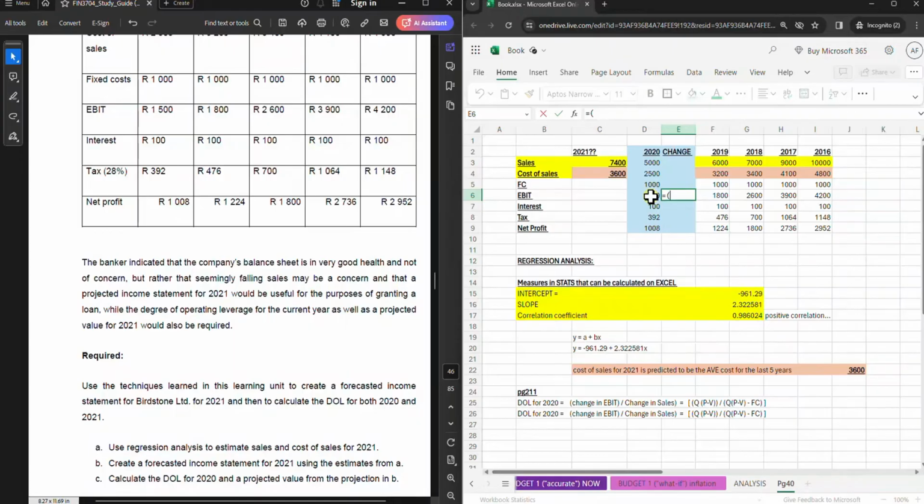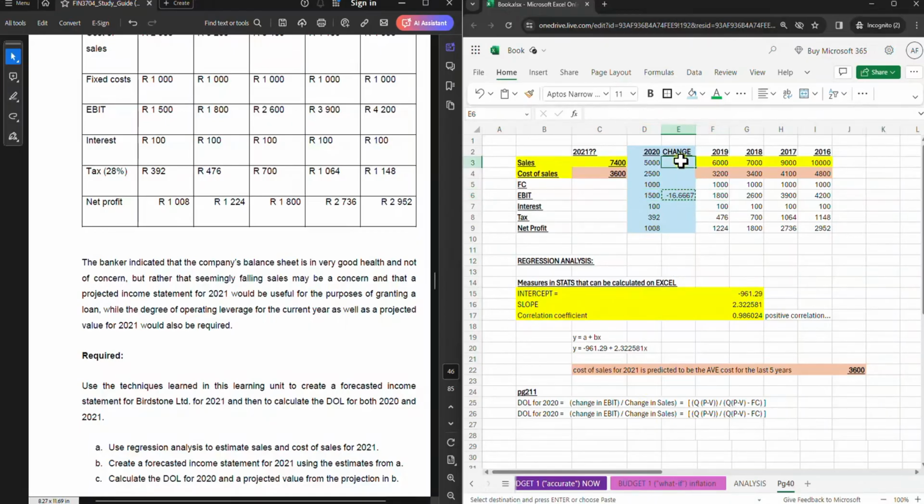Oh, what it is minus what it was, sorry, other way around: what it is minus what it was, divided by what it was, times 100. That'll give you a percentage. So there, it's a 16.6666% change in EBIT.